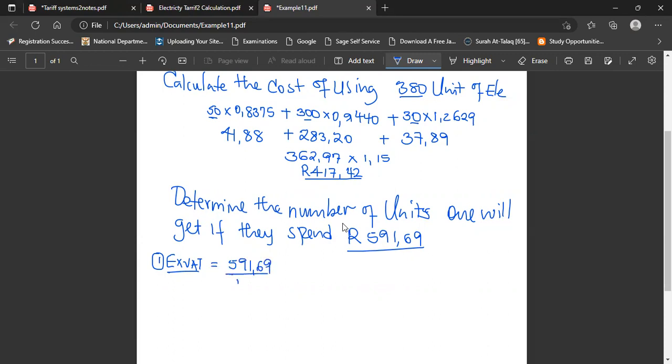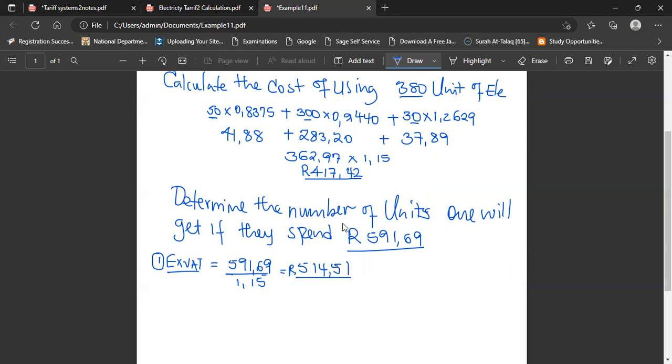I'll divide by 1,15. So I have the answer as 514 rands 51. So now this is what I'm going to deal with.